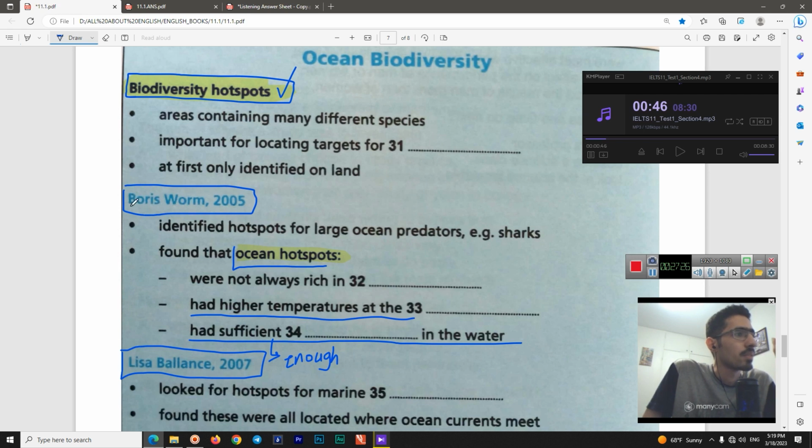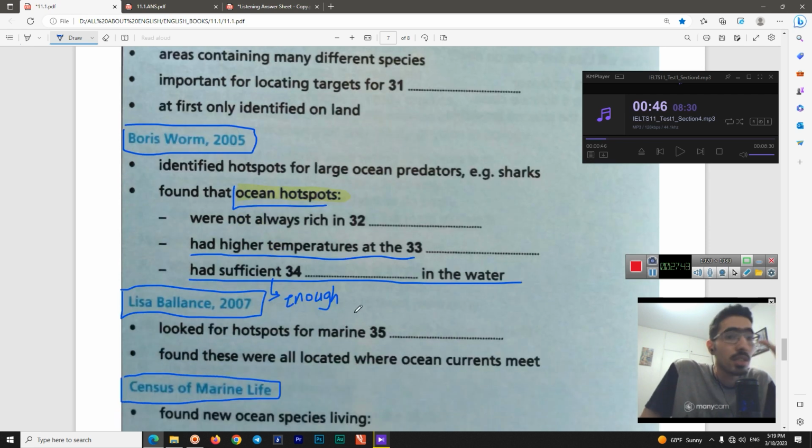So Boris Worm 2005 found that ocean hotspots had sufficient blank in the water, sufficient food, sufficient oxygen, sufficient nitrogen, something like that. I don't know. You need a noun here, sufficient something.